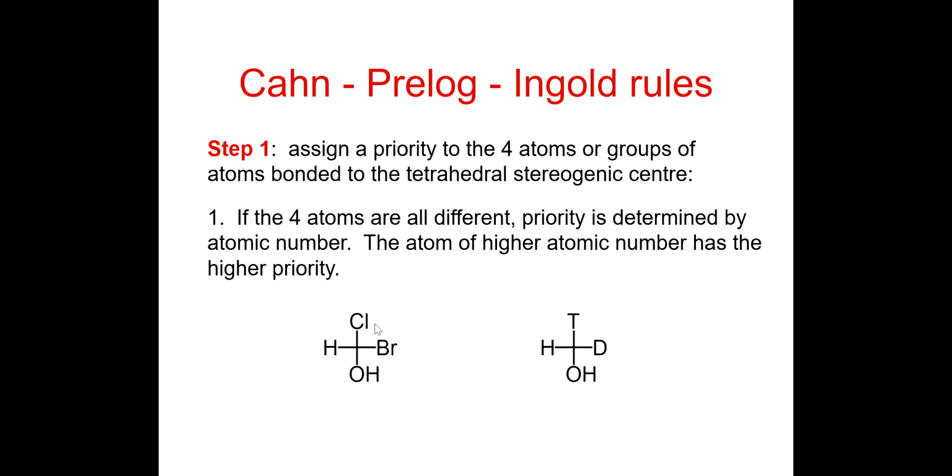If the 4 atoms are all different, obviously they have to be, right? Just like we mentioned earlier. The priority is determined by the atomic number. The atom of higher atomic number has higher priority. Okay.